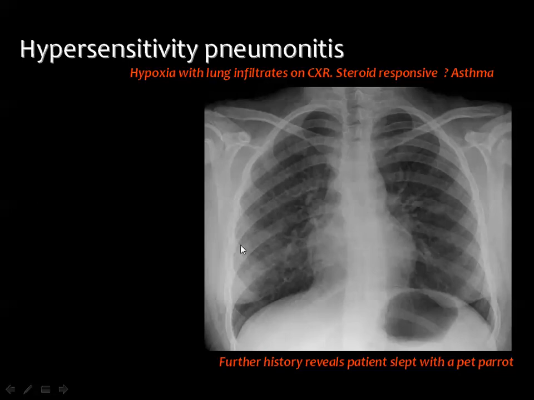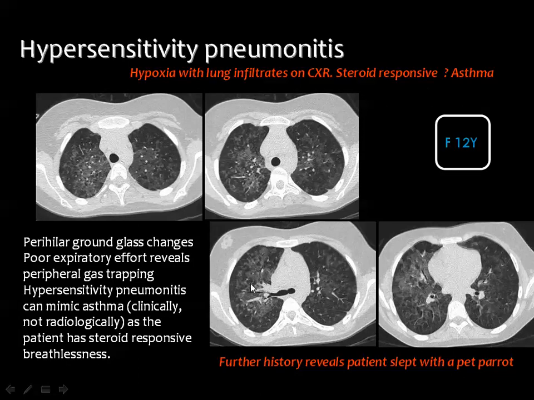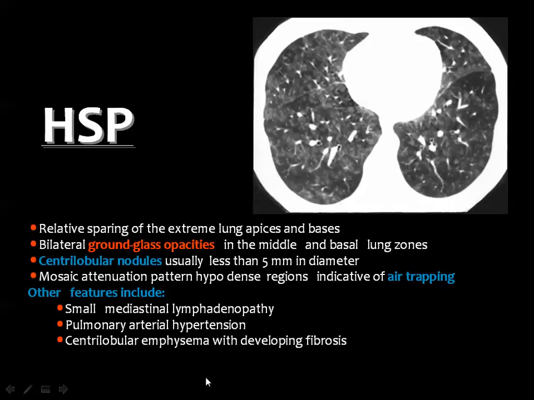Then you look at the chest X-ray of an asthmatic patient with hypoxia and some infiltrates in the lung by high resolution CT, and you can see the classic appearance of diffuse ground glass pattern with areas of air trap and areas of normal lung, and this is helpful in the diagnosis of hypersensitivity pneumonitis.